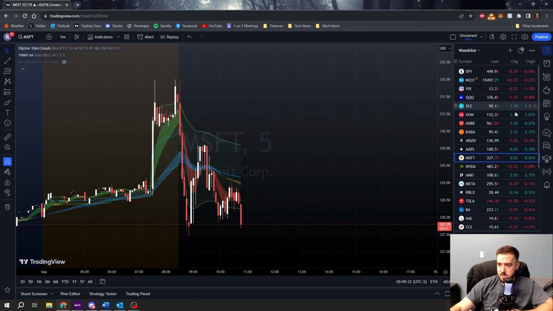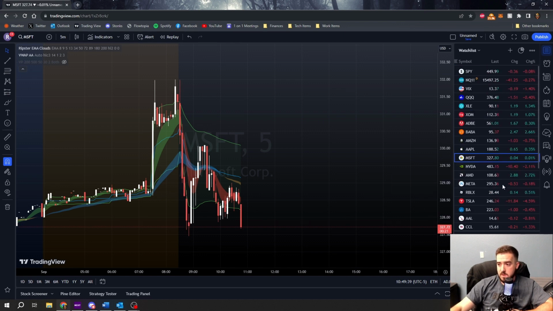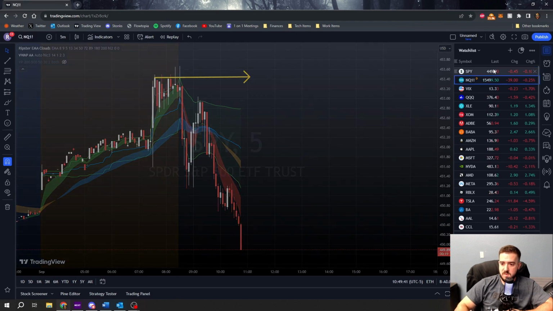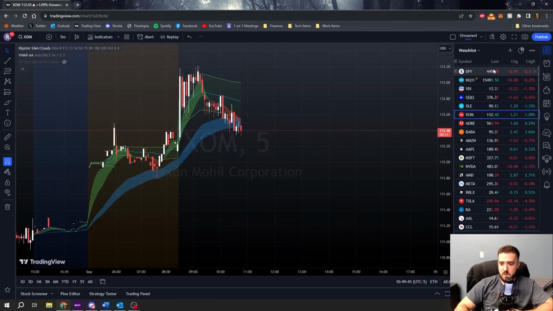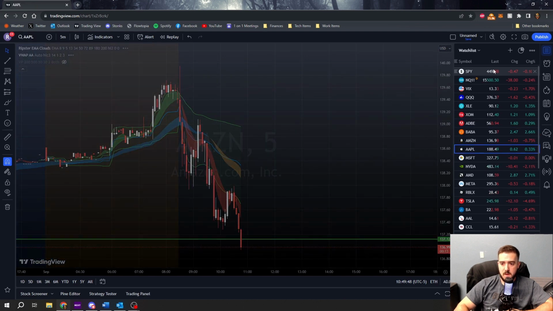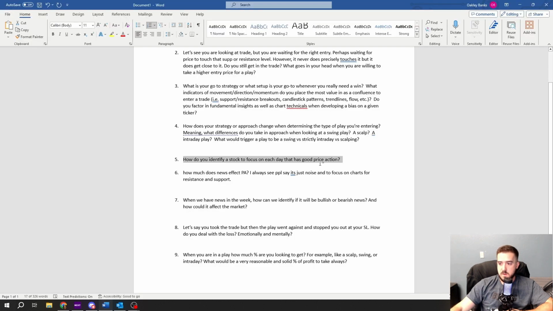There's no sense in it. Find a good set of stocks that you like to trade, and that's it. Just leave it at that. You can go through all of these stocks pretty quick just with your arrow keys and figure out what's going on in the market. Not too difficult. Don't overcomplicate things. We like to make things simple here, not more difficult than they have to be, because trading is already hard.